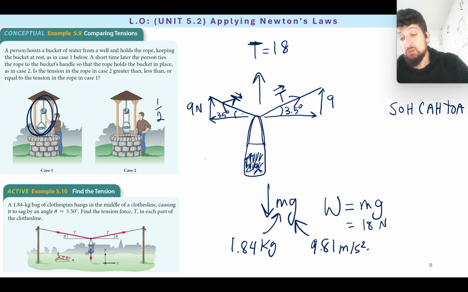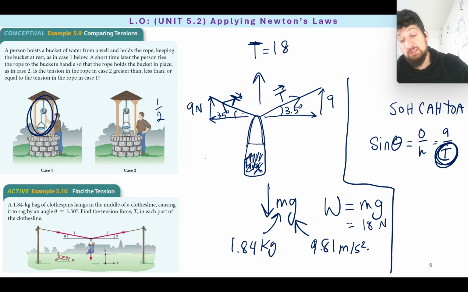Okay, so the tension is going to be, that's the opposite. I'm trying to work out the hypotenuse, so I'm going to use sine. Sine theta equals opposite over hypotenuse, which is 9 over the force. That's what I'm trying to find out. I'm going to draw a bit of space here for me.